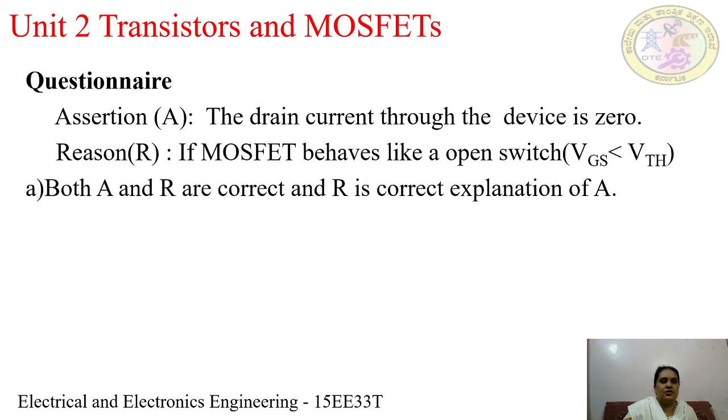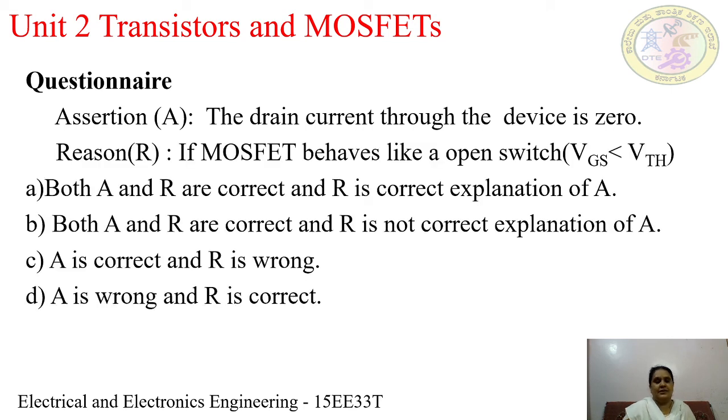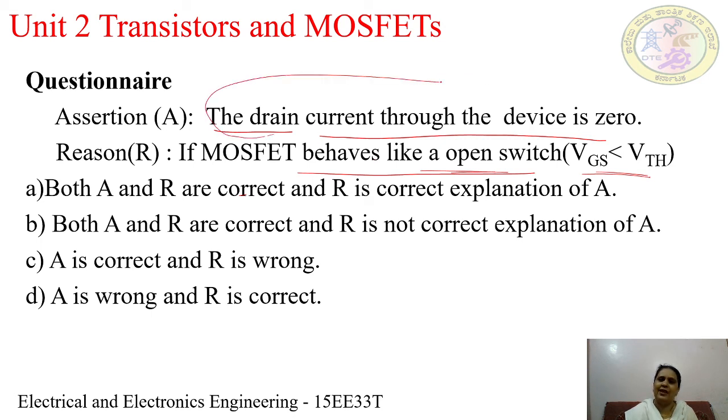This is the question where we have to answer wisely. Assertion means it is a statement, and we check whether the statement is correct or not, and whether the reason given explains the assertion. The assertion is: the drain current through the device is 0 if the MOSFET behaves like an open switch. What is the condition for the open switch? VGS is less than VTH. So this is a statement, and I know it is true.